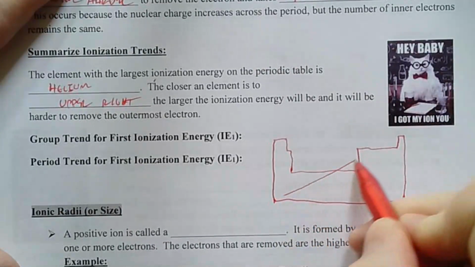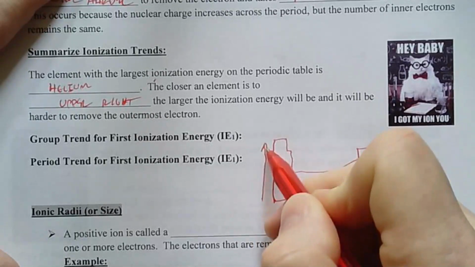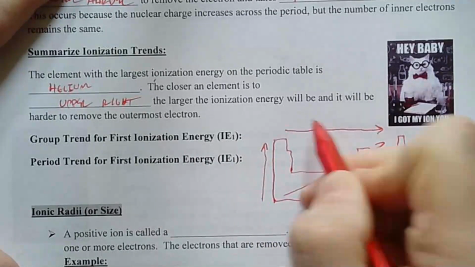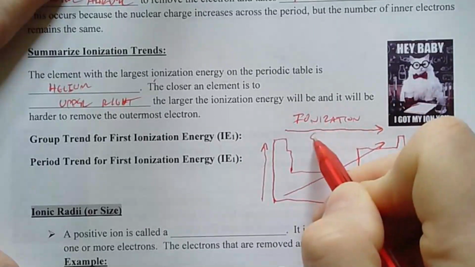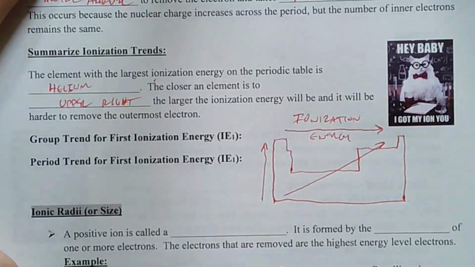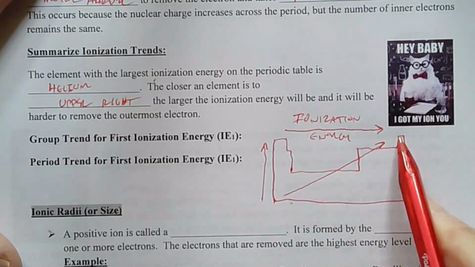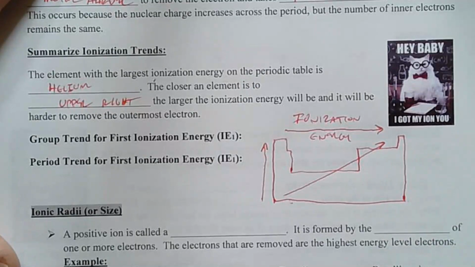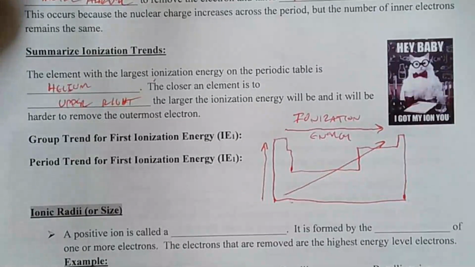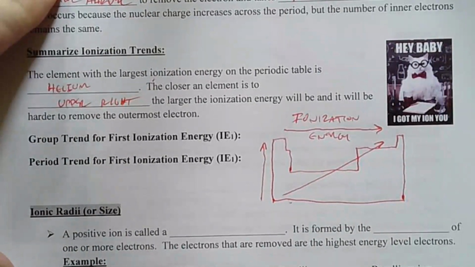It is going to be the exact opposite of the atomic radius. And it makes sense, because as you go closer to helium, the force of attraction between the nucleus and its outermost electrons is stronger, and it's going to be harder to remove any of those electrons.